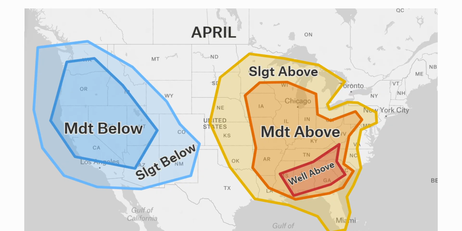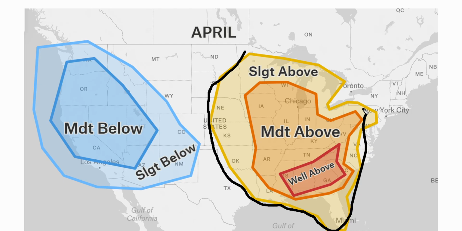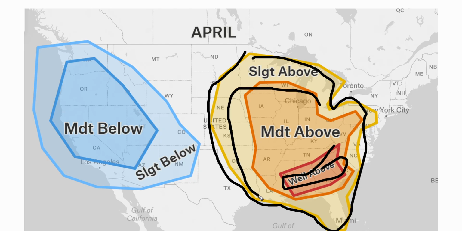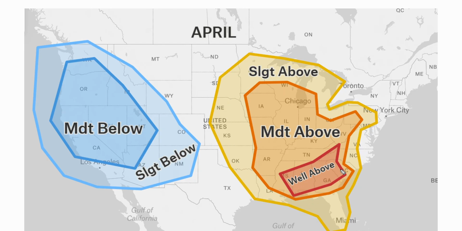And then we kind of shift a little bit west here. We only have a moderately below compared to the well below I had there. And then the focus starts to shift towards the plains and the Gulf Coast, as well as the Northeast too. So well above for these areas and then moderately above for these areas. So a lot of Dixie Alley really is the focus of this forecast.